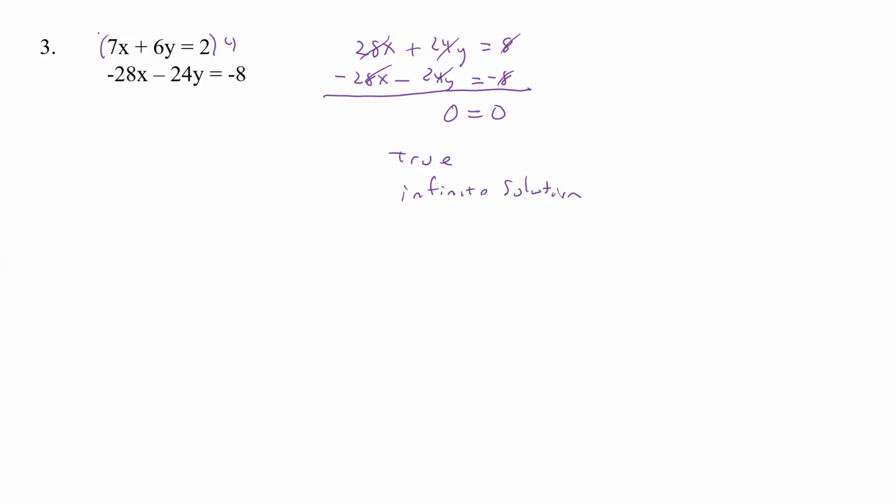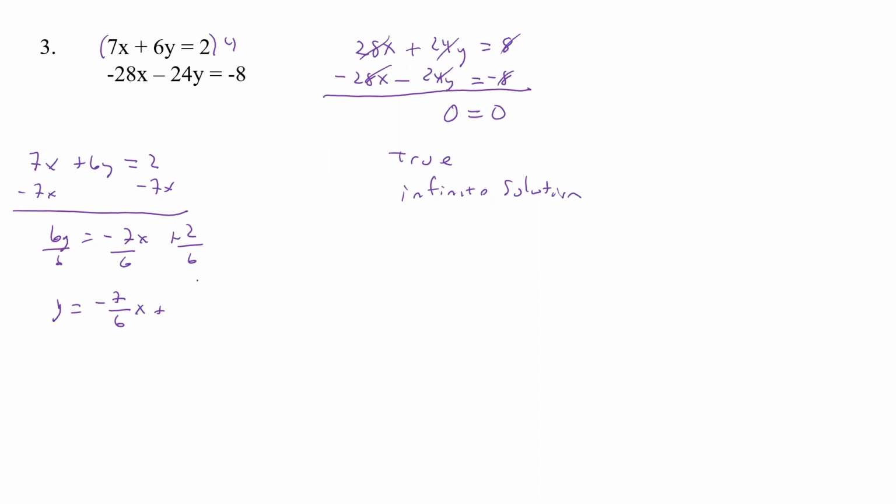And now what we need to do is we actually have to solve one of these for y. I would suggest the first one. And so I would say 7x plus 6y equals 2. Subtract our 7x. So 6y equals negative 7x plus 2. Now we divide everything by 6. And so y equals negative 7 over 6x plus, and those cancel down to 1/3.